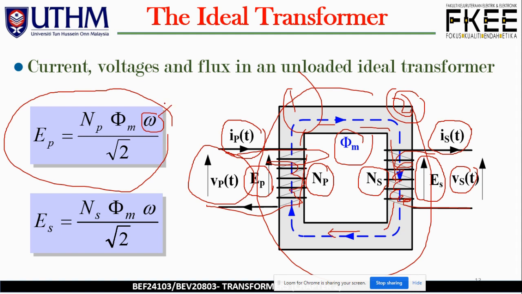This is nothing but angular velocity, d theta over dt. What about ES? No difference, except for the notation, denoted as S, which stands for secondary.